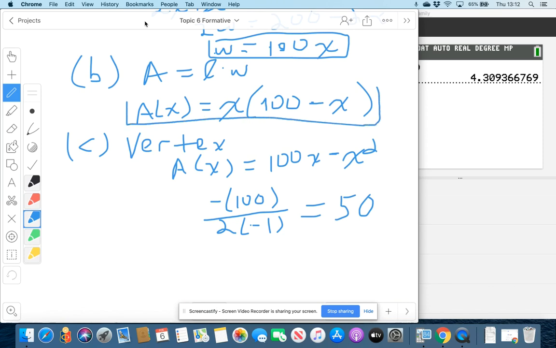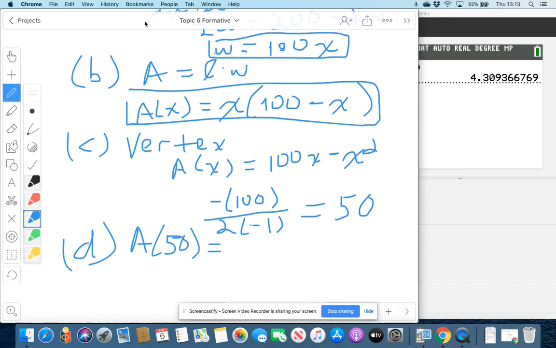Okay, D. Show that the elector earns 5,000 Bulgarian levs per square meter of plot. Well, again, the area of the plot is at maximum 50 times 50. All right, that's 2,500 square meters.